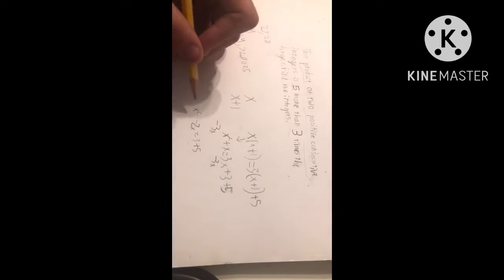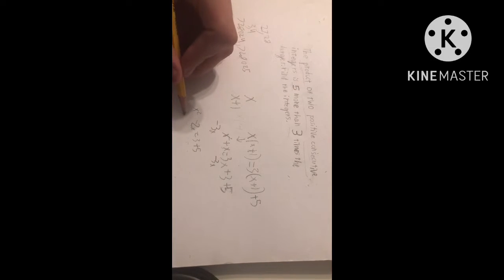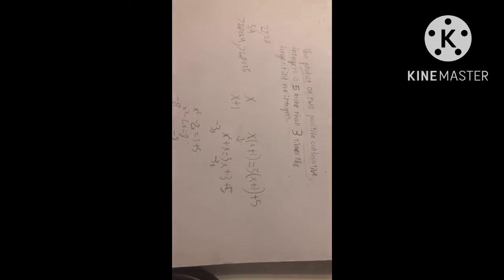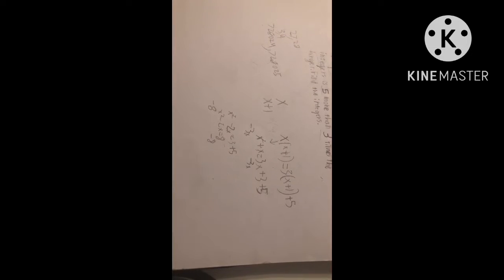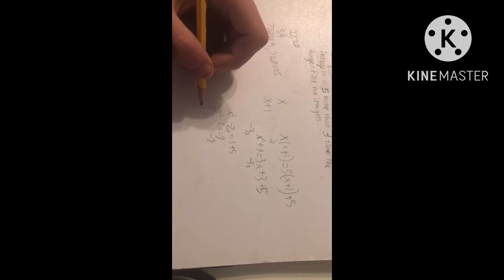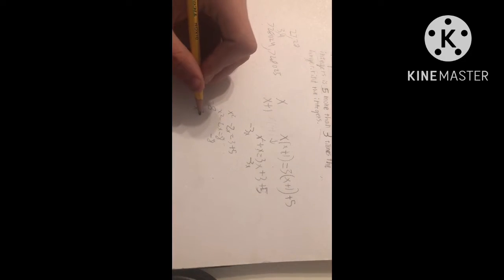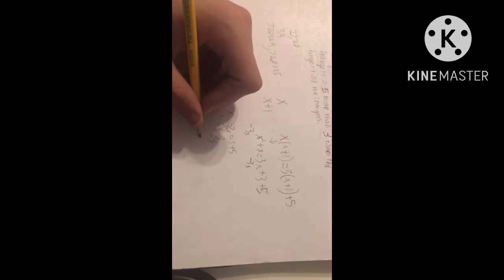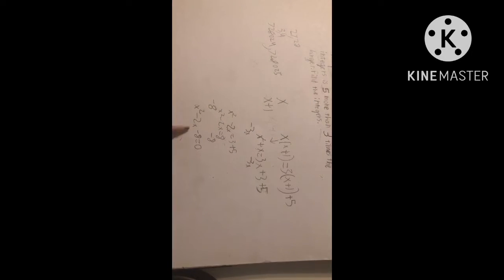And then we're going to combine these like terms. And then we're going to subtract 8. Move this down a little bit. We're going to subtract 8. And boom.